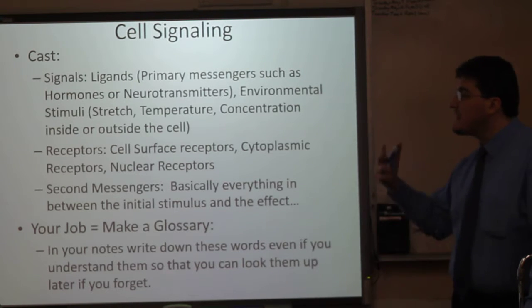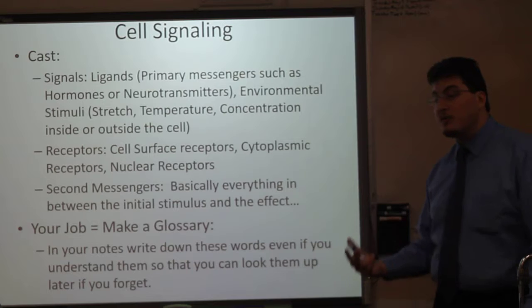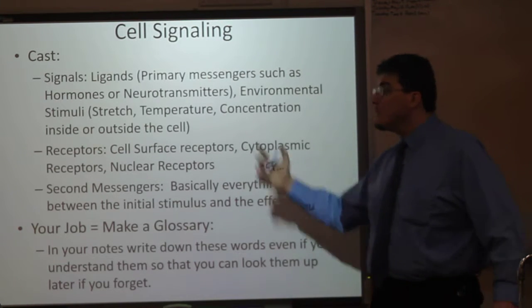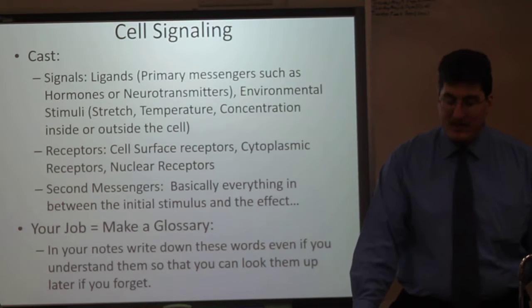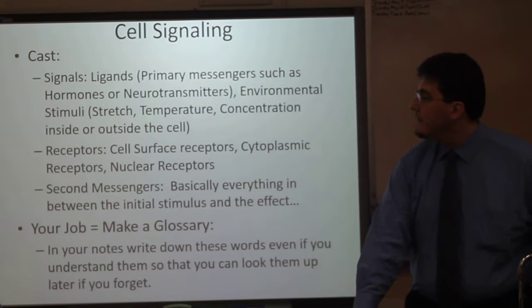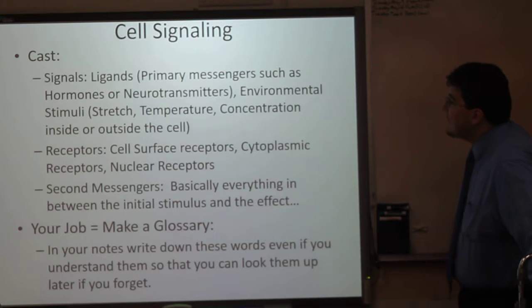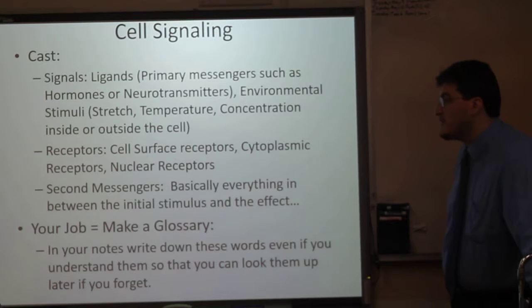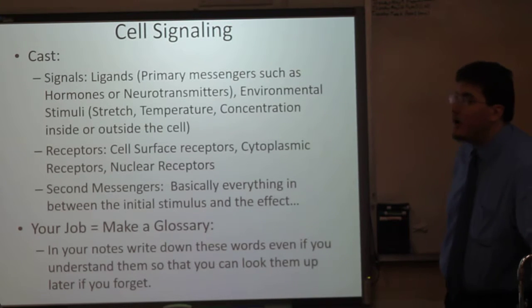They could also be cytoplasmic receptors, which are proteins inside the cell's cytoplasm, big surprise, or nuclear receptors, which, guess where they are? That's right, in the nucleus of the cell. So, second messengers are basically everything in between the initial stimulus and the effect of that primary stimulus.